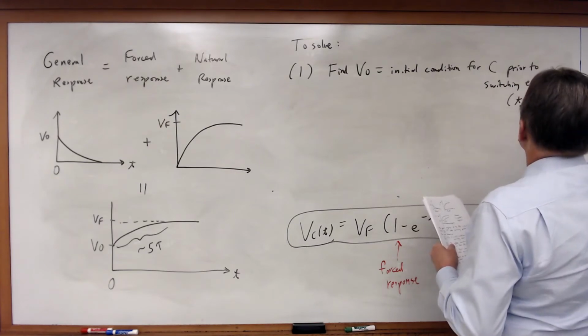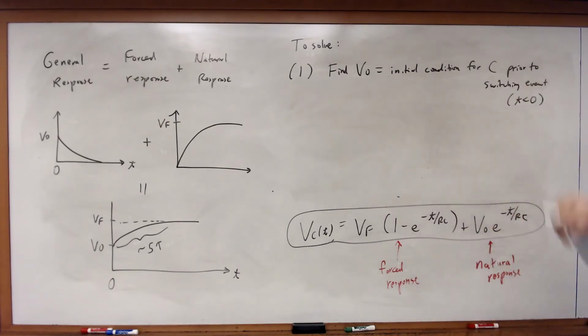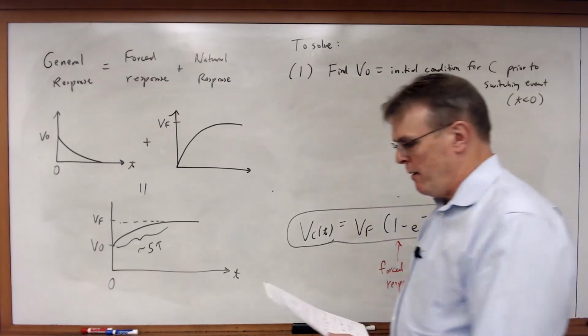So in other words, for t less than 0, I need to find that initial condition. Well, we already know how to do that. We've been doing that before for natural response.